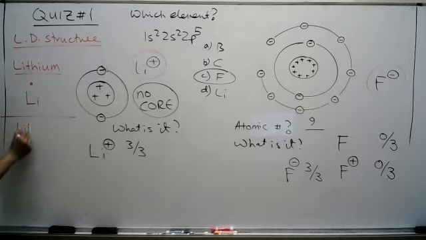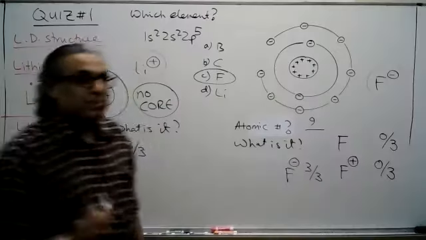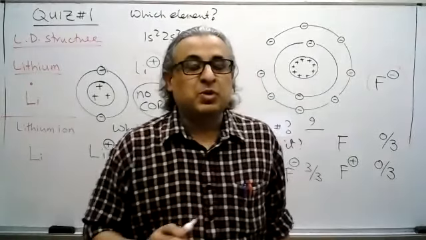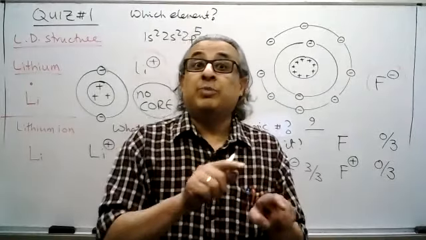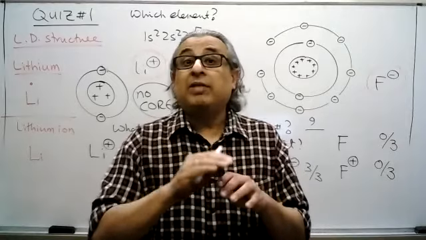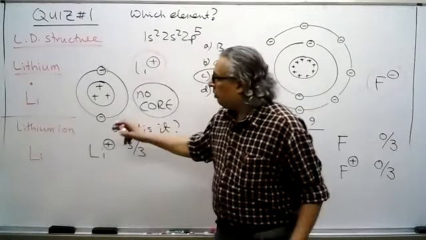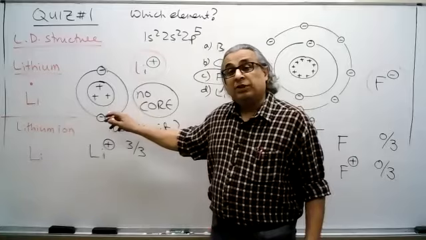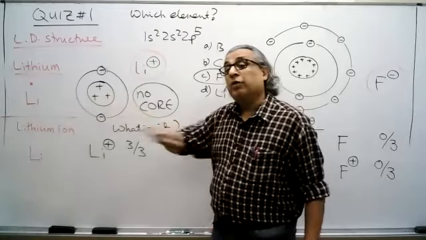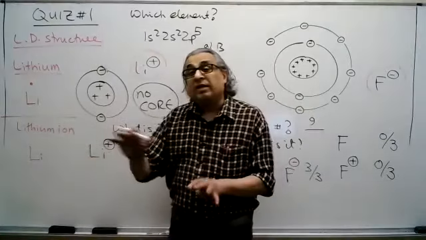What about the lithium ion? What do I put? Any electrons or no electrons? 2 electrons? No. That's something that bothered me for a long time when I was a student. You don't show what used to be the core shell. Even though this ion doesn't have a core shell, this used to be its core shell, we don't show the electrons because then it gets very complicated.